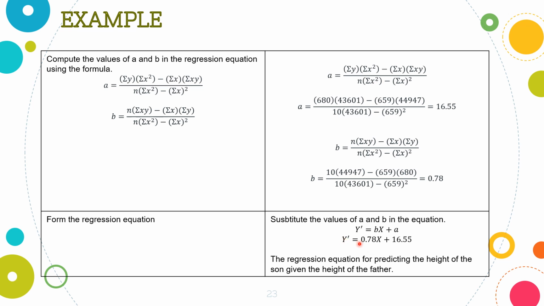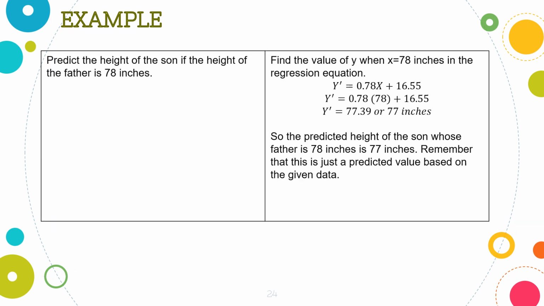This is the regression equation for predicting the height of the son given the height of the father. So ito yung gagamitin natin to predict what would be the height of the son kung 78 inches daw ang height ni father. So let's see kung ano ang makukuha natin. Predict the height of the son if the height of the father is 78 inches. So find the value of y when x is equal to 78 inches in the regression equation.